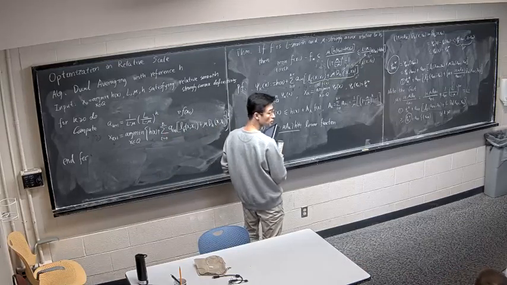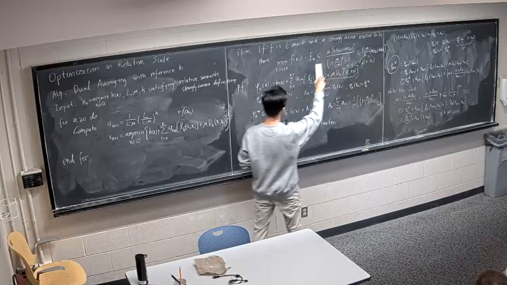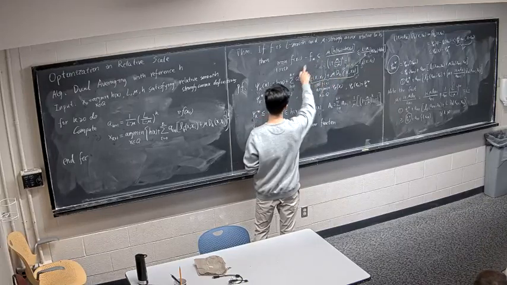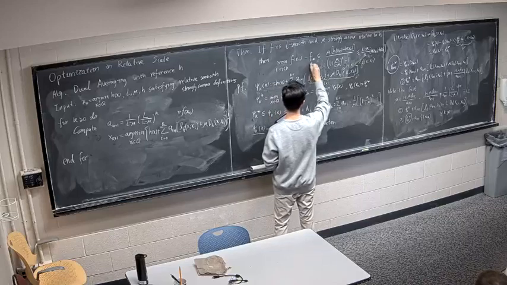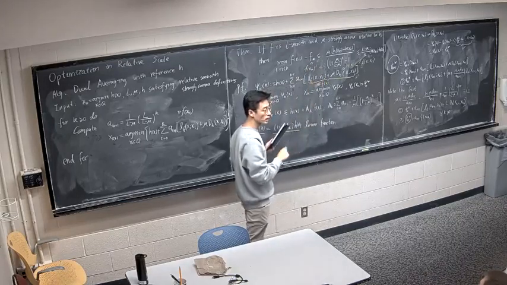What is H star? Oh, this is h of x star. X star is the minimum of f. Yeah, this is f of x star, because here we are minimizing just f, not f plus h.